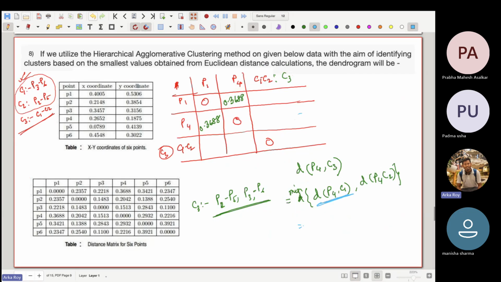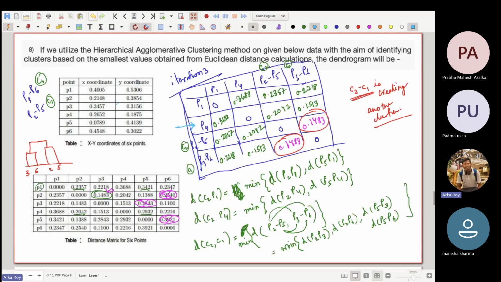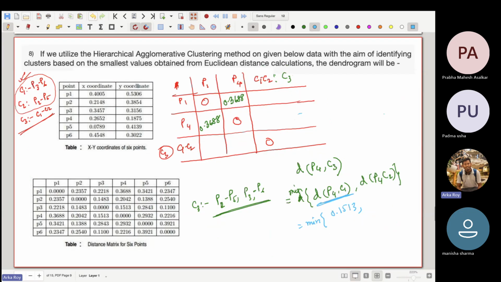So therefore I can write minimum of 0.1513 and P4 से C2 का डिस्टेंस कितना है? P4 से C2 का डिस्टेंस is this one, 0.2042. So therefore it is 0.1513, and over here also it is 0.1513.